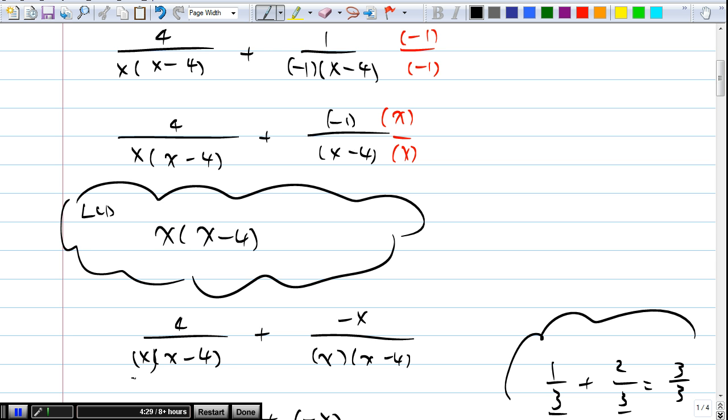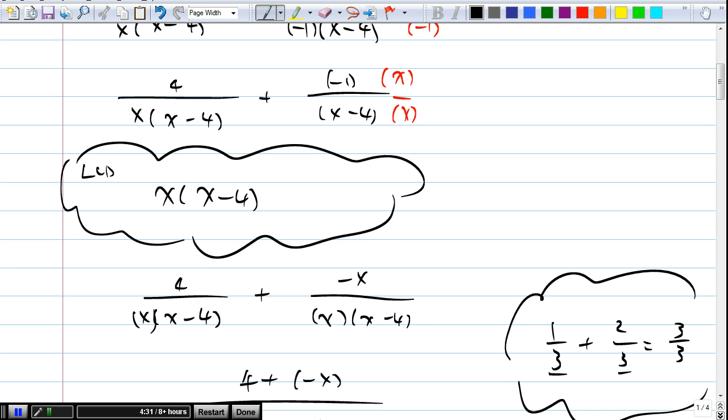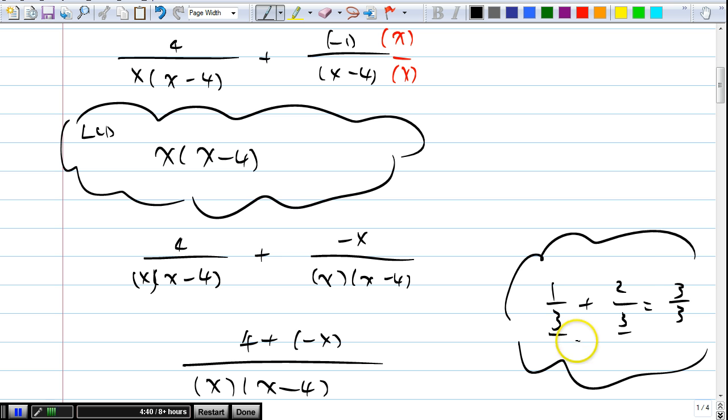Add the numerators. Yeah, so you get 4 plus -x. Am I done? No, of course not. What about the denominator? It stays the same, just like when you add 1/3 plus 2/3. It's the same idea. Instead of a denominator with some number, now we have polynomials that are factored. Do you see the idea?